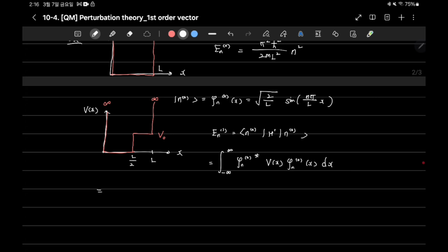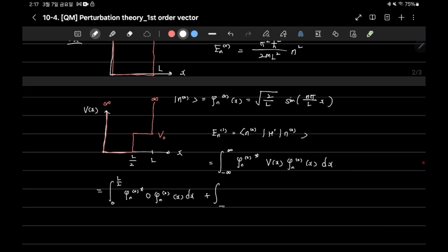Then it can be written down as from 0 to L half phi n 0 star, then the potential is 0 in this case, phi n 0 x dx, and actually it is a 0.